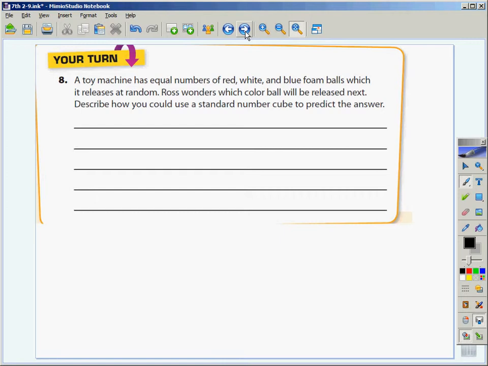A toy machine has equal numbers of red, white, and blue foam balls, which it releases at random. Ross wonders which colored ball will be released next. Describe how a standard number cube could be used to predict the answer.